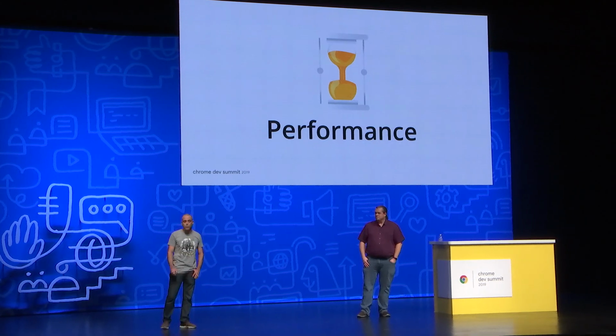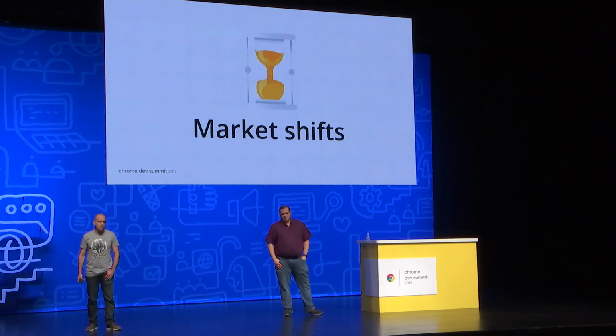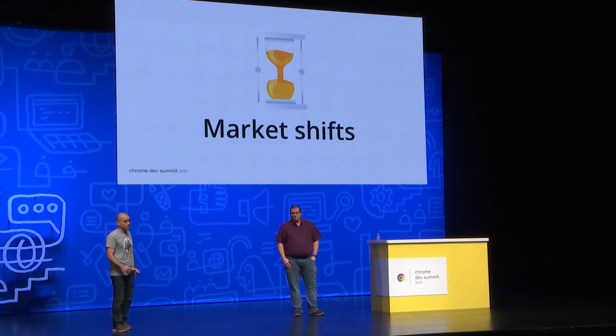And we need a faster web if we want our users to stick around. There are also new user interaction models that are arriving, most notably VR and AR, that the web needs to be ready for. And finally, computing has moved to mobile. The web needs to be as present there as it is on desktop, because this is where the users are.